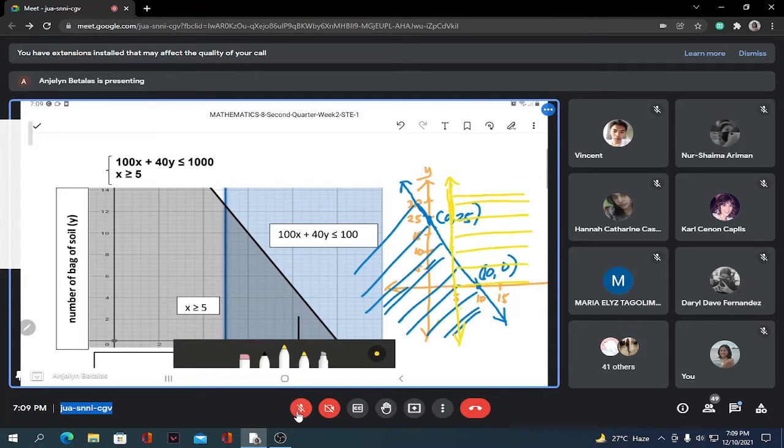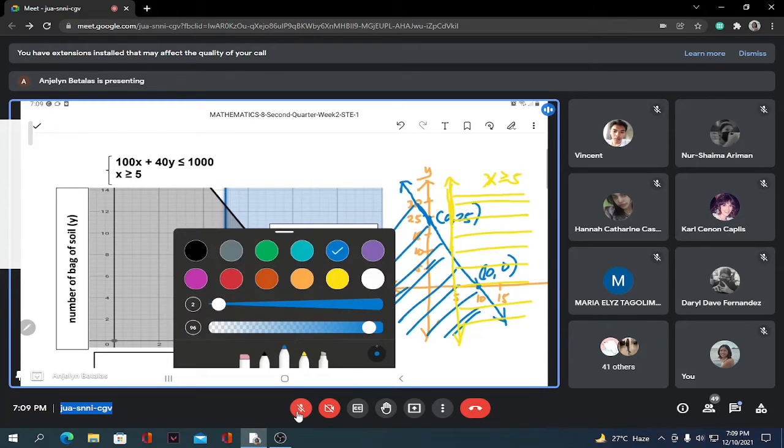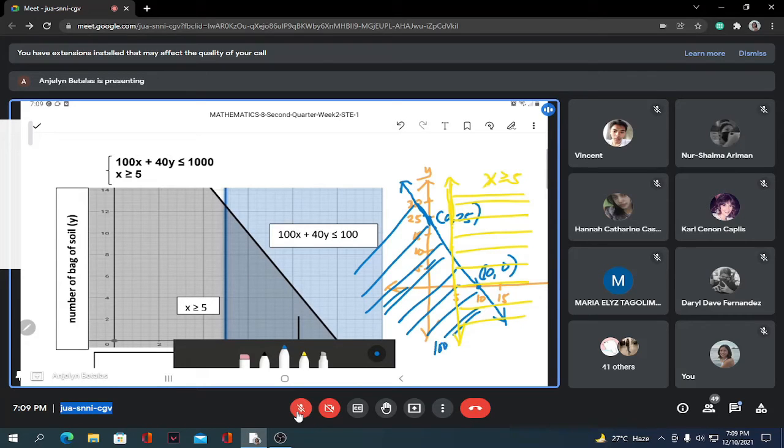So, if we label it, that one is x greater than or equal to 5. Then the blue one is the 100x one. I'll use a different color so it's clearer. So, the solution is clearer. I'll use pink. So, the solution is here, this one. Is it clear now?